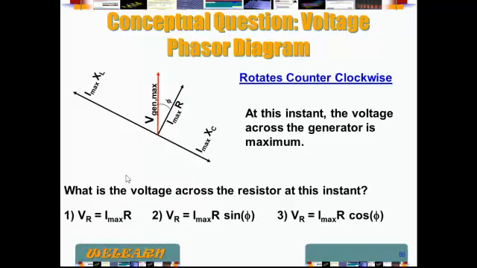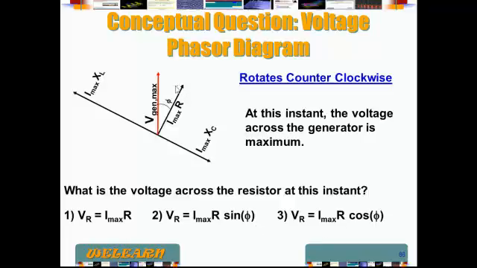So we have a phasor diagram in this particular case, and they are asking us what is the voltage across the resistor at this instant. Is it I max R, I max R of sine phi, or I max R of cosine phi?